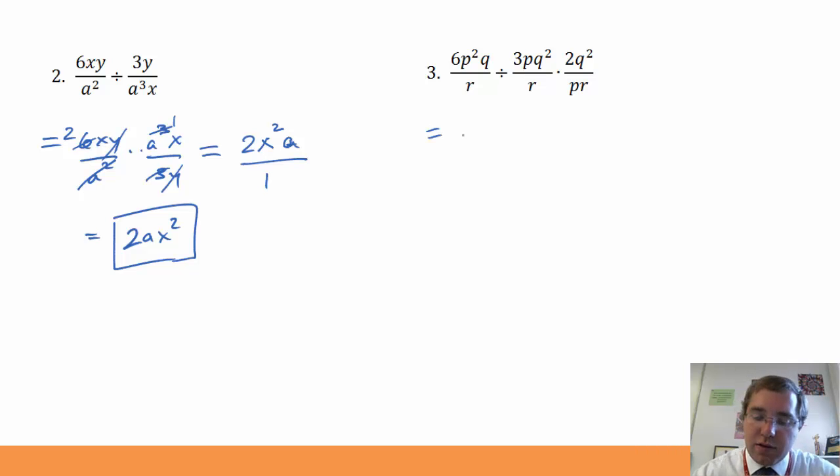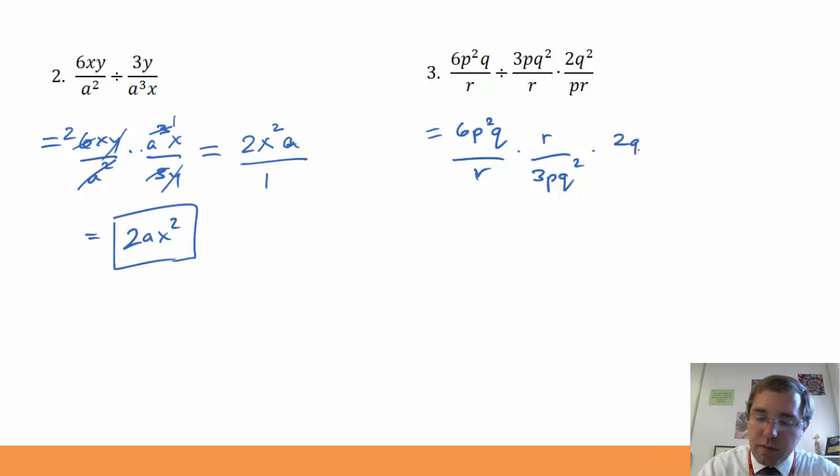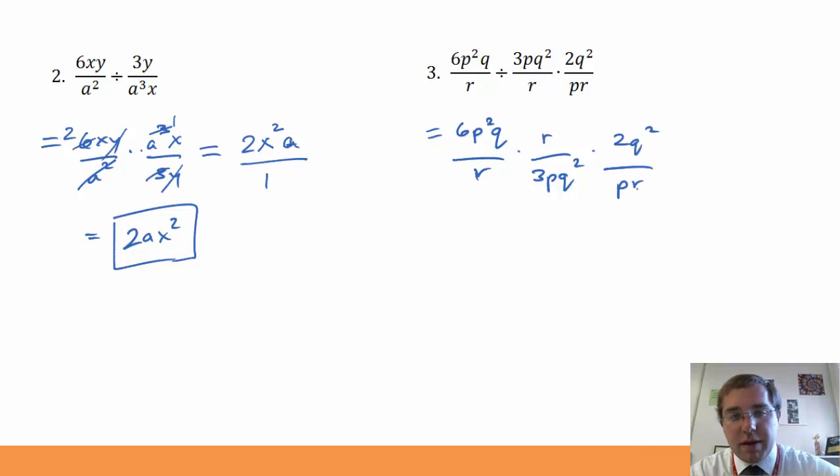We need to change it to multiplication by a reciprocal, so we flip the second fraction. We do not flip the last fraction because we are multiplying by it, we are not dividing by it. If I wanted to divide by both of those last 2 fractions, I'd have to put them both in parentheses.